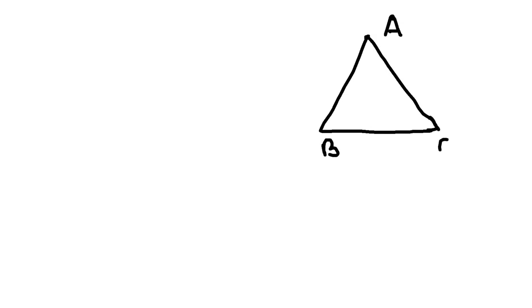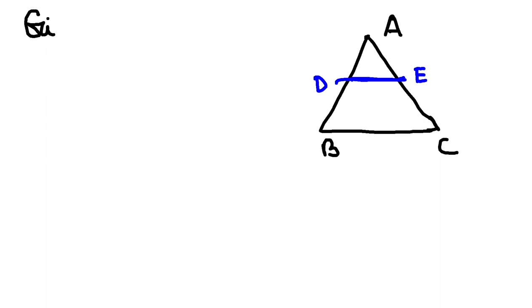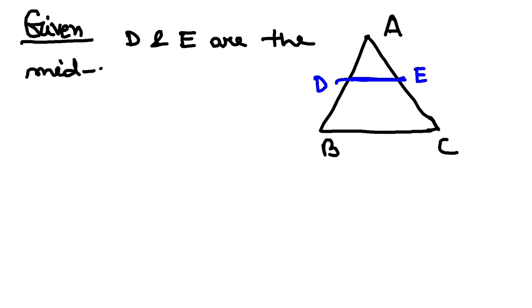Let's take a proper figure now. Let's say this is my triangle ABC, and D and E are the midpoints, so DE. Okay, so basically what is given is that D and E are the midpoints of AB and AC respectively.